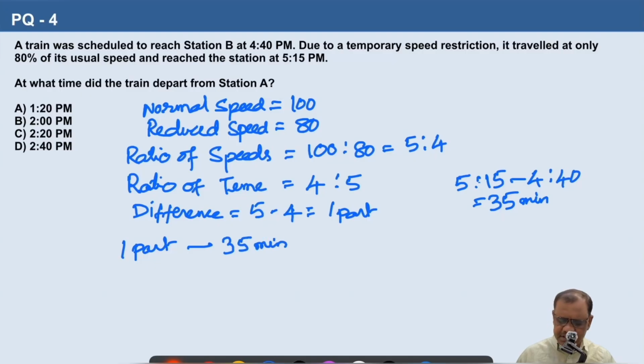So what is our question? We should find out the time of traveling.